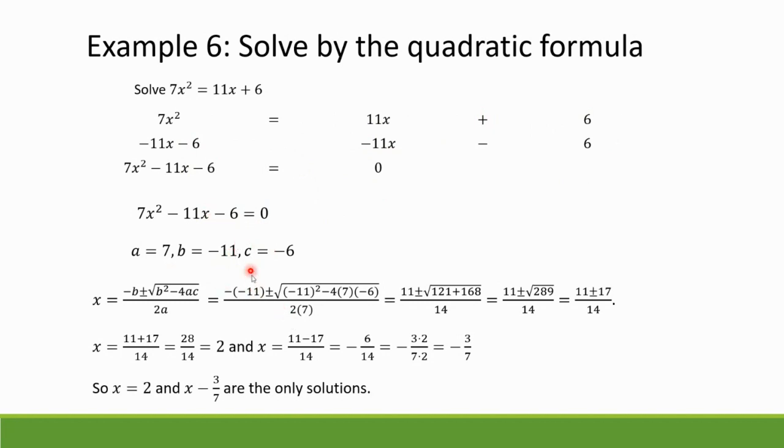So by the quadratic formula, we have negative b, which is 11, plus or minus the square root of negative 11 squared, minus 4 times 7 times negative 6, over 2 times 7. And then you just simplify a bit. Turns out that the discriminant, which is what's under the radical, is 289, which is a perfect square. And that's nice.